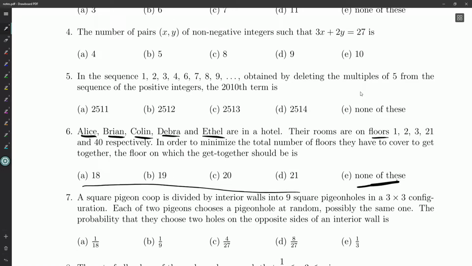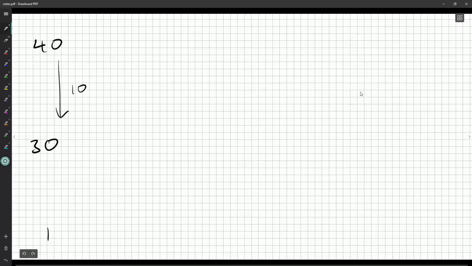Okay, I'm going to make a nice observation. Nobody should meet at floor 41, because then everybody's going up. But if they meet between floor 40 and floor 1, for example floor 30, this person comes down by 10 floors, this person goes up by 29 floors, and so they can meet with everyone.